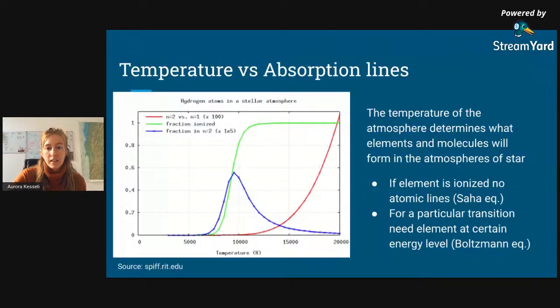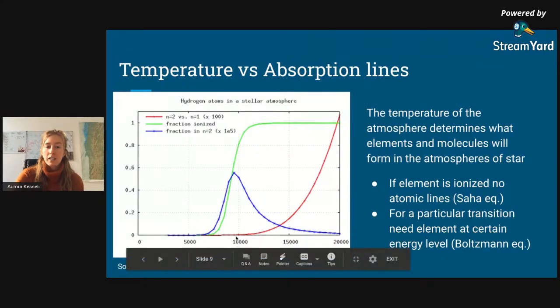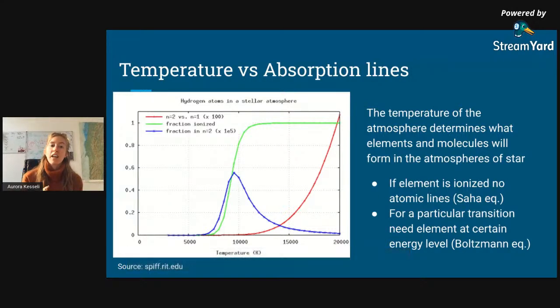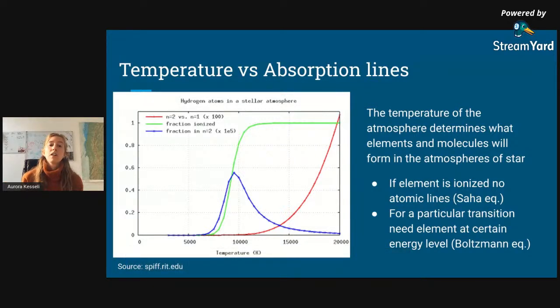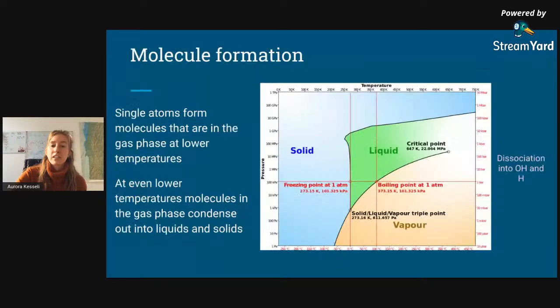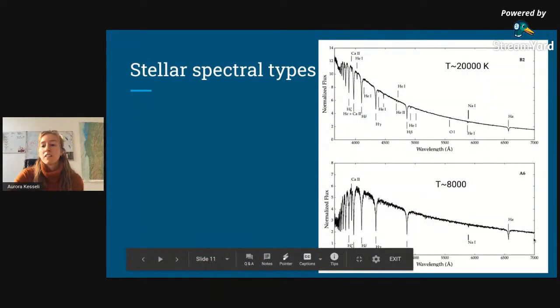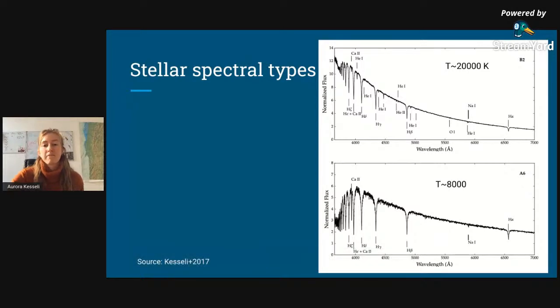And looking at this plot, we can see that this hydrogen N=2 state is at the maximum right around 8,000 Kelvin, which means that the hydrogen Balmer series is going to be strongest right around 8,000 Kelvin. So it really makes sense that these hydrogen lines are so strong. That's exactly what we would expect from theory.